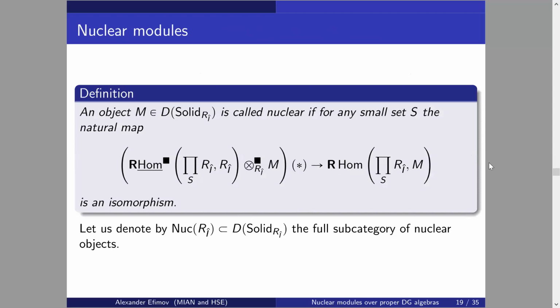But what I want to explain is that this notion of nuclearity, the category of nuclear modules, can be obtained by trying to answer some very naive questions of a general categorical nature. So that's roughly what I'm going to explain.